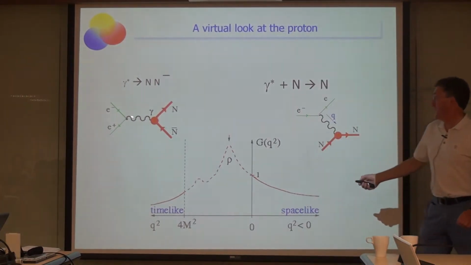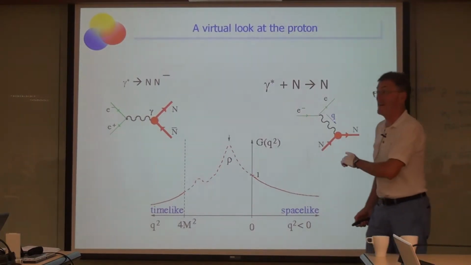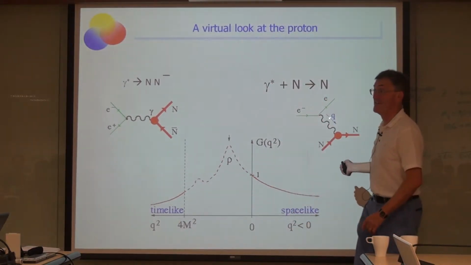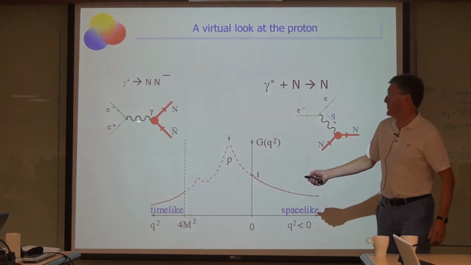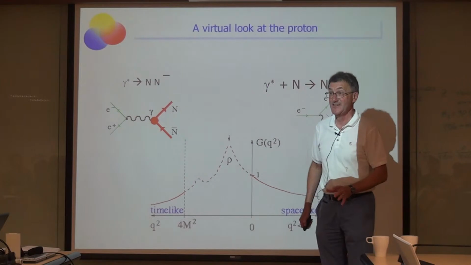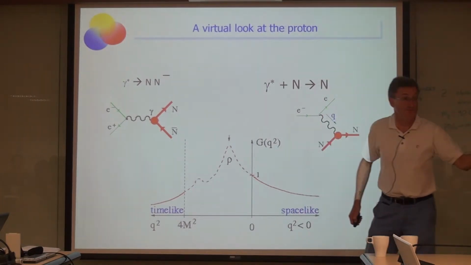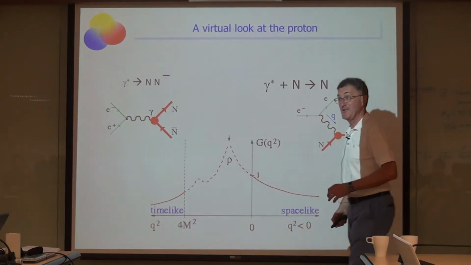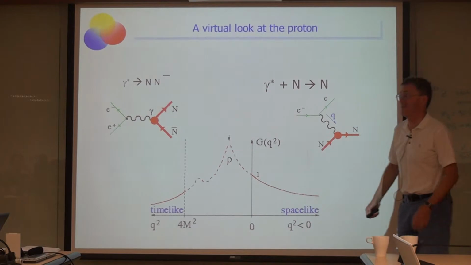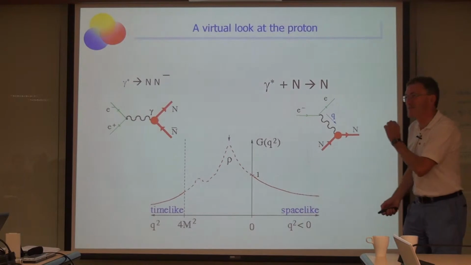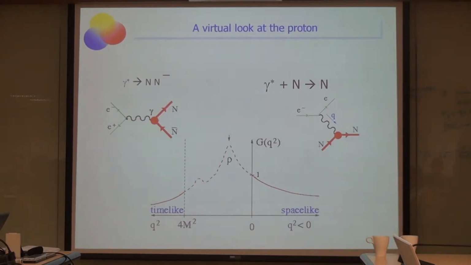In the first exercise we show that this sort of annihilation and this sort of scattering lead to Q squared being always positive in one situation and always negative in the other. But I think most of you have seen it in basic courses, and otherwise just discuss and ask.